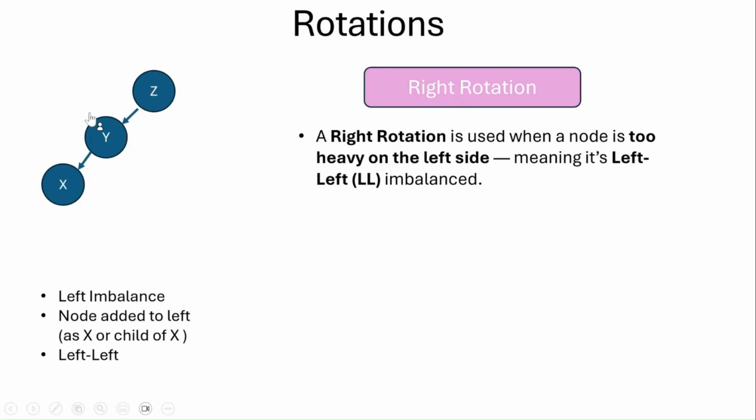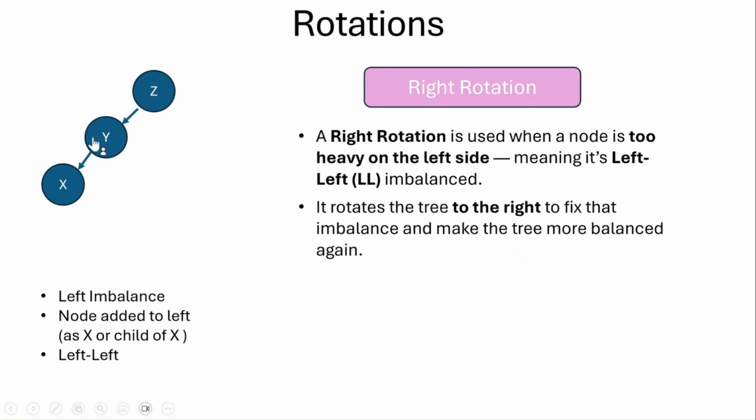Now Z is heavy on the left side, meaning it is left imbalanced, right? So it rotates the tree to the right side to fix the imbalance, because now we are imbalanced on the left side. How can we solve this imbalance? By rotating it to the right side, right? So we rotate the tree to the right side, fix the imbalance, and make the tree balanced again.